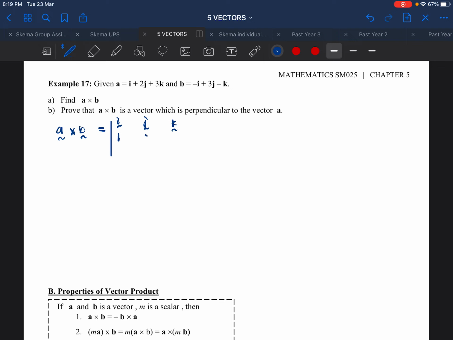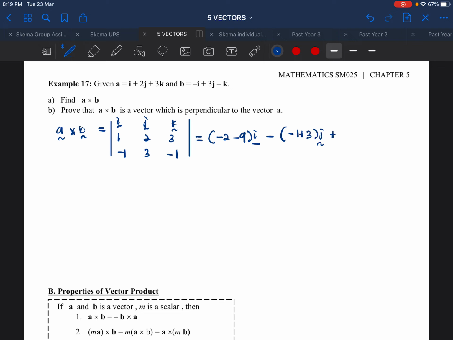So we have 1, 2, 3, negative 1, 3, negative K. Sama juga, the first one positive, tutup vektor I, kita ada negative, ini kenapa K? Negative 1. Okay, so ini negative 1. So kita akan dapat negative 2 minus 9I minus, tutup this one, kita ada negative 1 plus 3J.